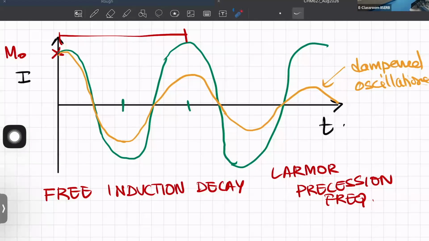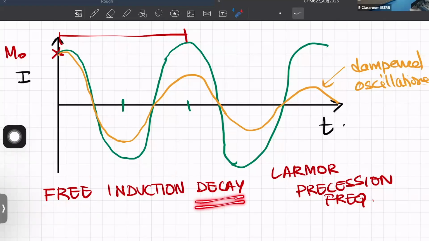This is a very important term to understand. What is free about it? The mere fact that once you've created a non-equilibrium condition, the magnetization freely precesses about the B naught. And the freely precessing magnetization induces a current in a coil which you can measure.